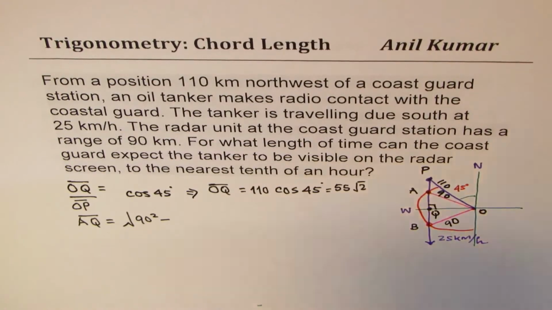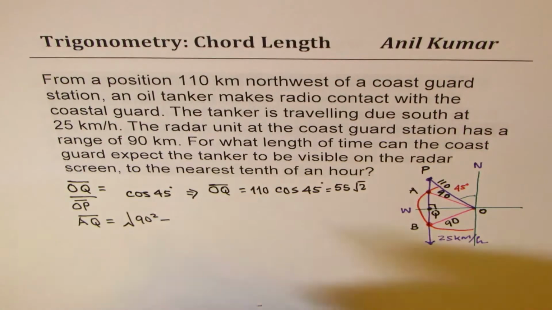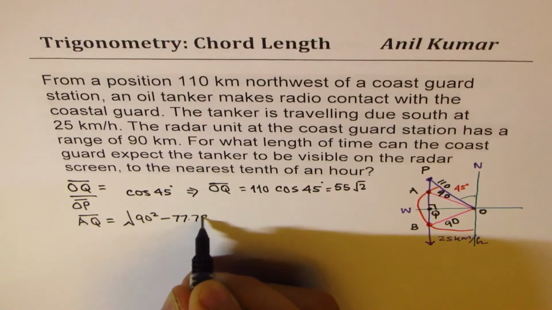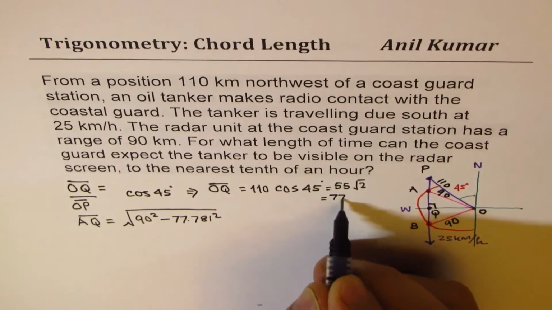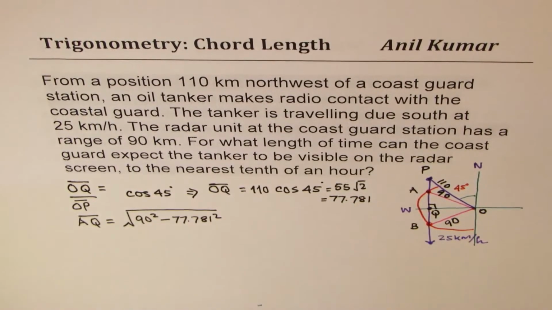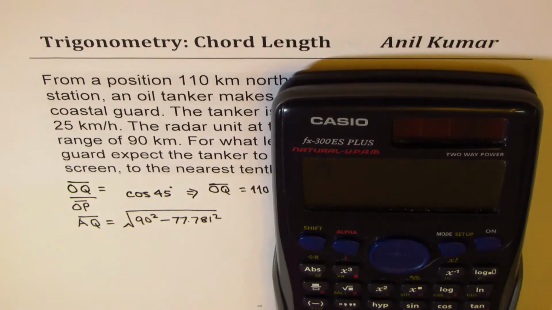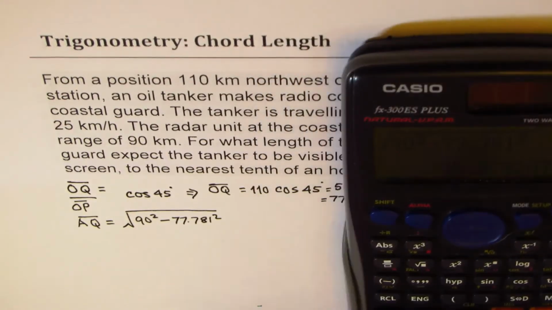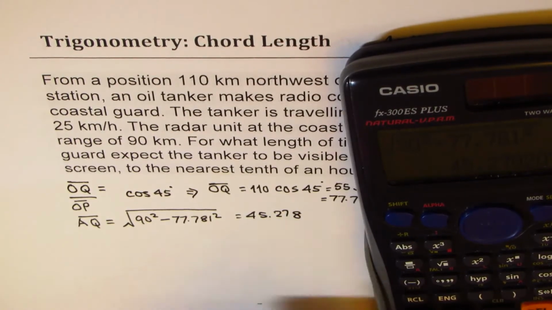Let me write it in decimals. 55 square root 2 in decimal is 77.781. So AQ is the square root of 90 squared minus 77.781 squared, which equals 45.278.